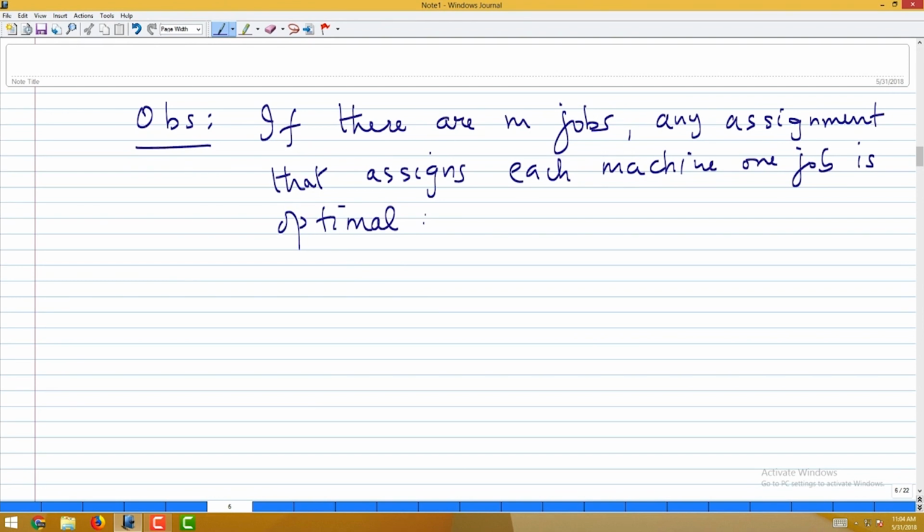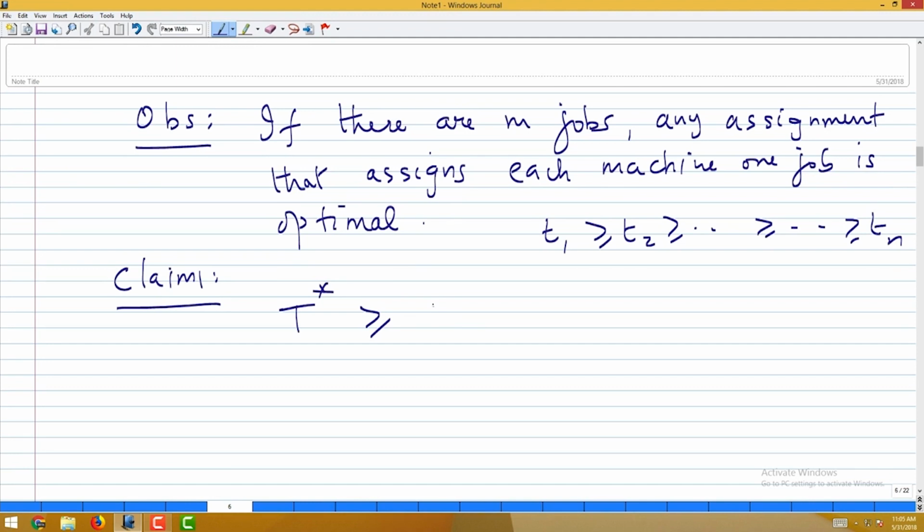Yeah. So, now here is claim 1. Let's say we have arranged our jobs in non increasing order of their running times. Now let us assume there are more than m jobs, then I claim that T star is greater than or equal to 2 T m plus 1.